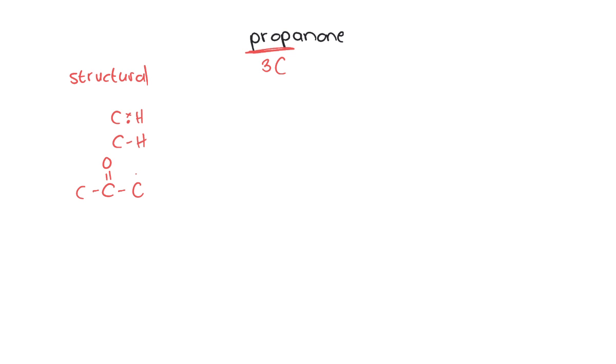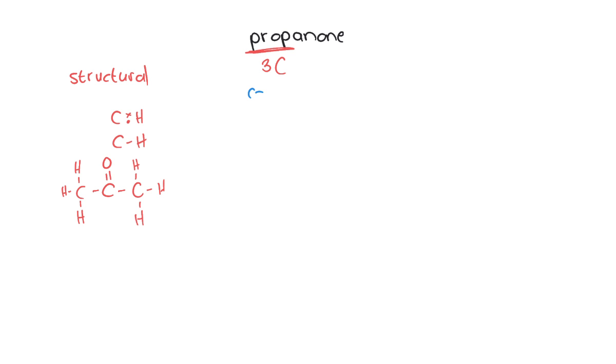For example, here it only has 1 bond, so I need 3 other bonds, and I bond it to my hydrogens. This carbon already has 4 bonds, so I'm going to skip that one and then just fill up this carbon with 3 other bonds like there. So this is the structural formula.